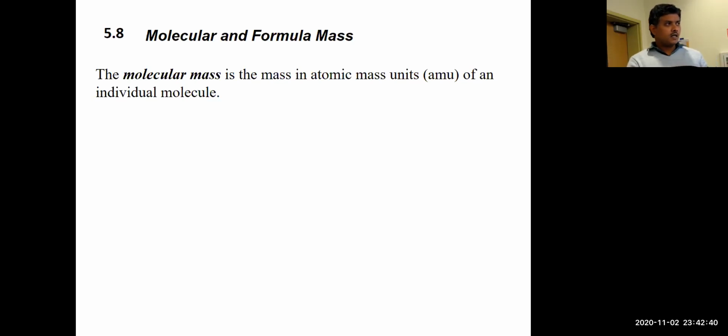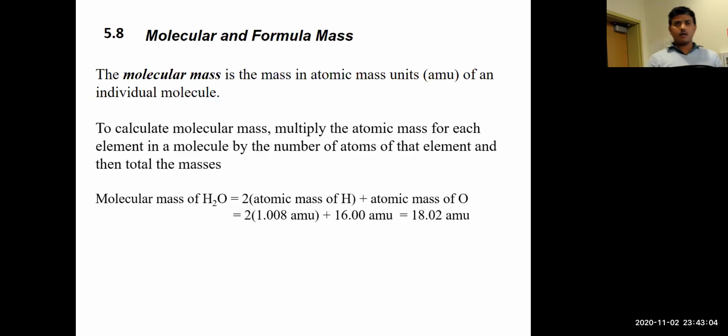Okay, let's look at this easy topic. I literally mean that it is an easy topic because identifying molecular mass is basically collecting the individual atomic masses of all the elements that are present and presenting the total number as the molecular mass. How do you calculate a molecular mass?